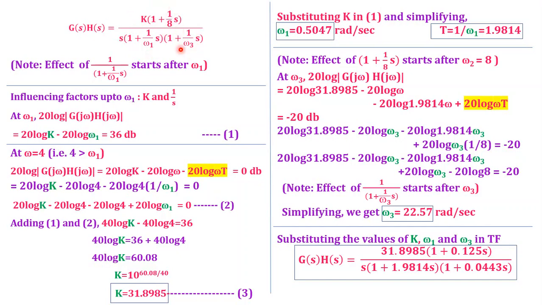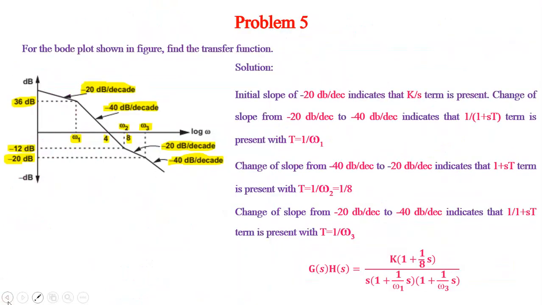But we have to calculate for this. Therefore, I need the magnitude at omega 3. When I write the magnitude at omega 3, it is going to be minus 20 dB. At omega 3, this factor also influences.